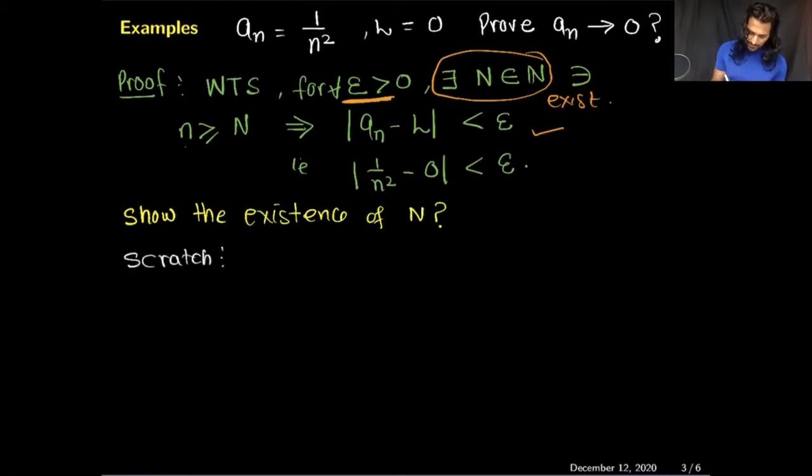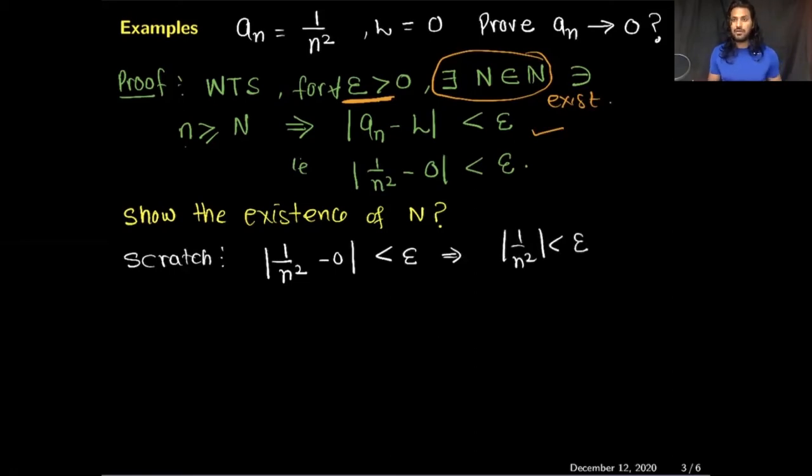We start from the absolute value of 1 over n squared minus 0 being less than epsilon. In other words, 1 over n squared is less than epsilon, because if you take 0, it's just 1 over n squared. Since n is a natural number, this is a positive number, so I can just remove the absolute value.